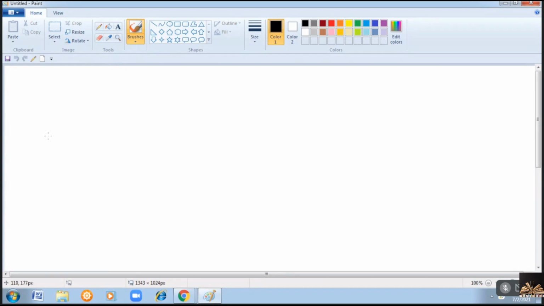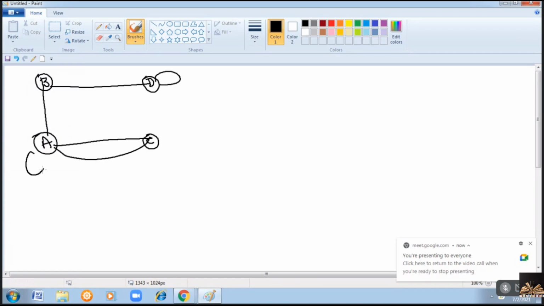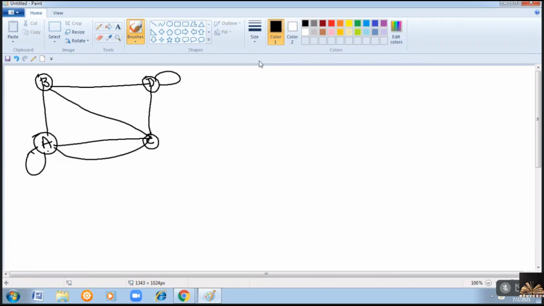So consider a graph with 4 vertices. This shortest path algorithm uses a weighted graph.